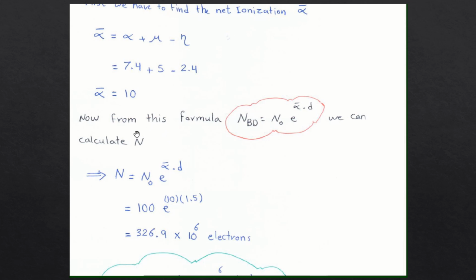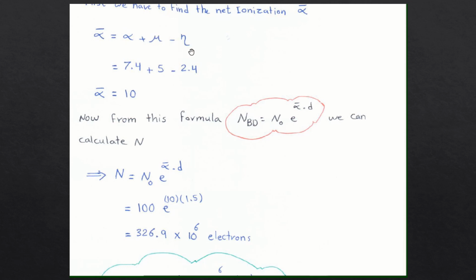Before we start using this formula, we have to find all the values in it. The number of electrons is already given in the question, and the distance is also given, so we need to find the net ionization. How can we find the net ionization? It's easy. The net ionization is equal to the ionization plus the photoionization minus the attachment coefficient.